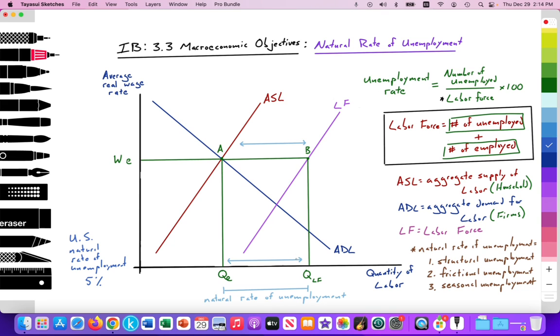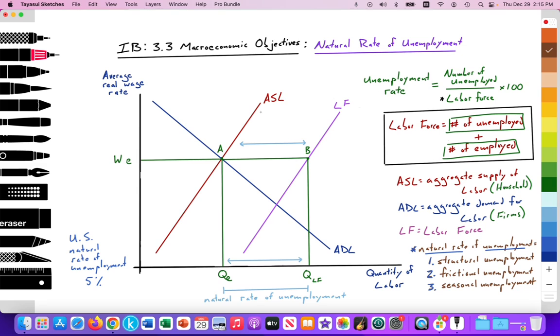to find a job. And we know that the natural rate of unemployment, as we see here, is composed of three things. The natural rate of unemployment is composed of, number one, structural unemployment, number two, frictional unemployment, number three, seasonal unemployment.